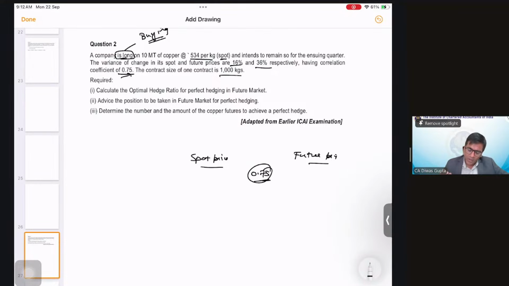The contract size of one contract is 1000 kgs. Required: calculate the optimal hedge ratio for perfect hedging in the futures market.